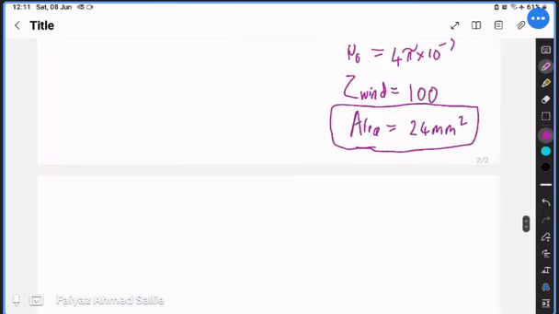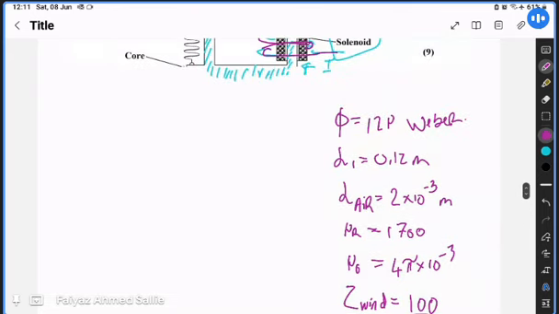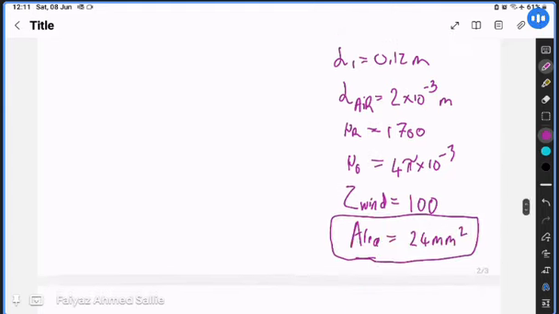We don't really use millimeters for our calculation unless you want your answer in millimeters, but preferably I like to use meters because every formula requires you to input meters, and using millimeters just complicates things.